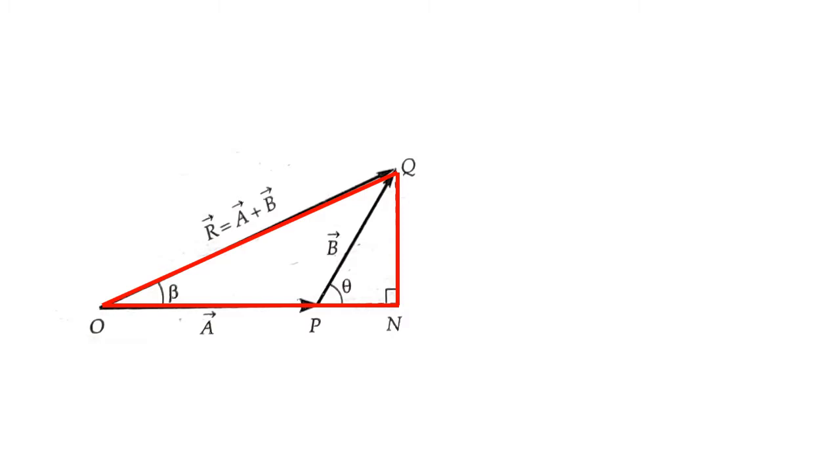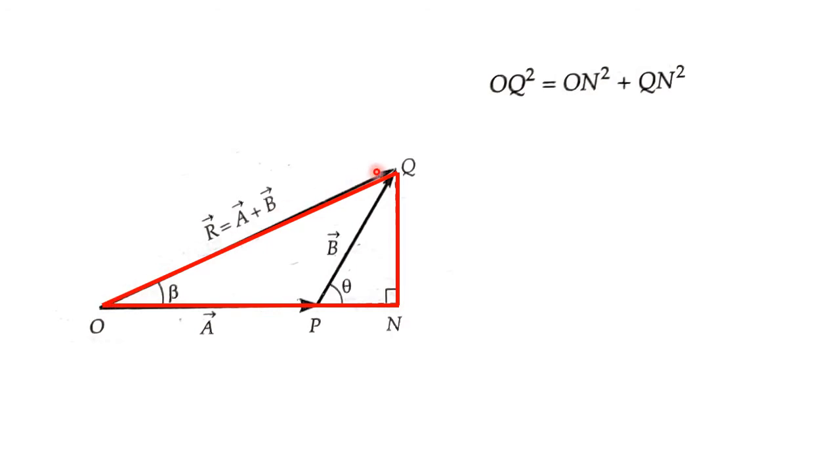Now consider your triangle OQN. This is a right angle triangle. So if this is a right angle triangle, according to Pythagoras theorem, OQ square equals ON square plus QN square.